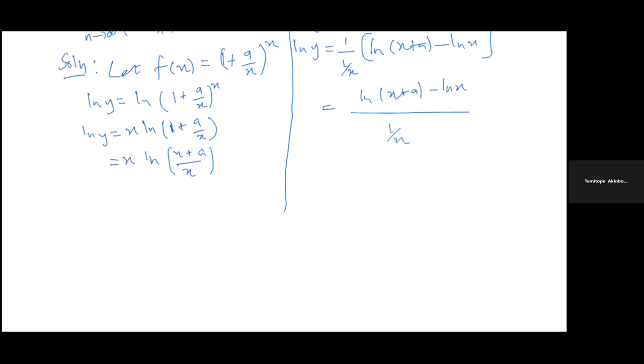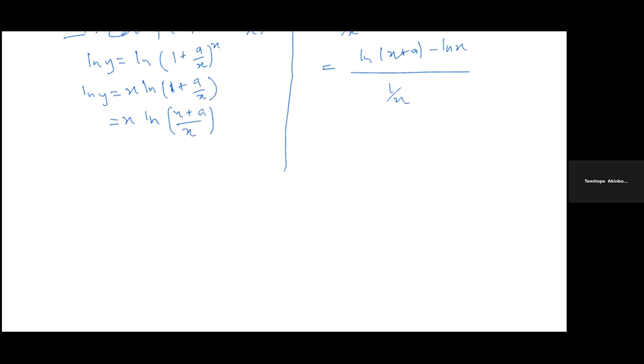If you take the limit of both sides, you have the limit of ln y as x tends to infinity equals the limit as x tends to infinity of [ln(x + a) minus ln x] divided by 1 over x.